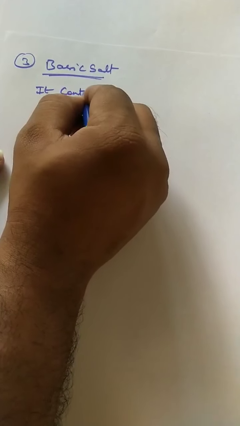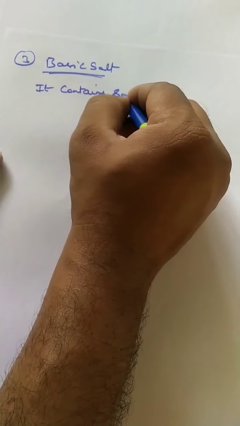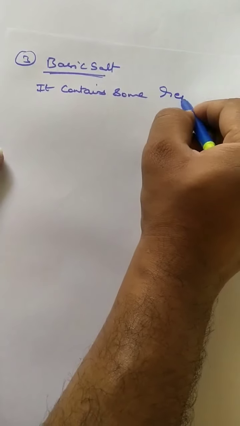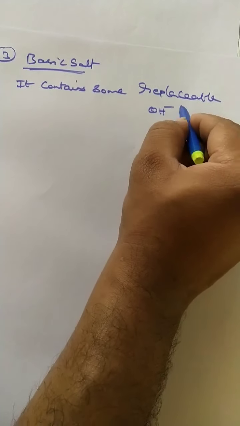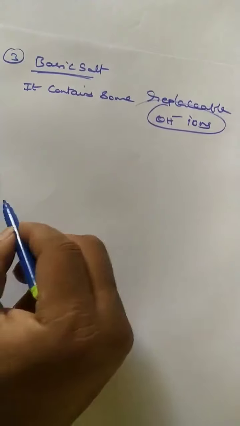Next, coming to the third category, that is basic salt. It contains some replaceable OH minus ions. Compulsorily, hydroxyl ions are present in that salt.